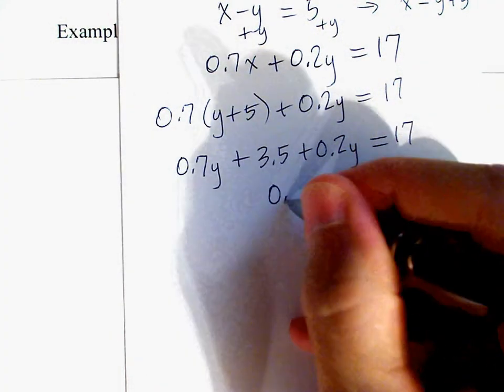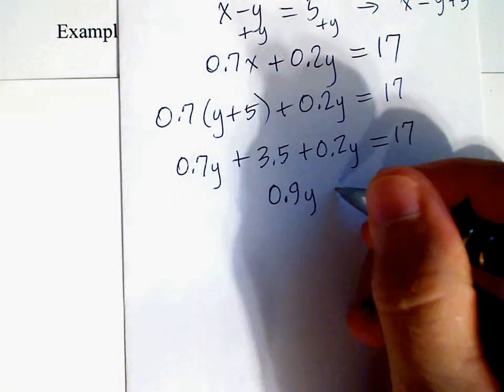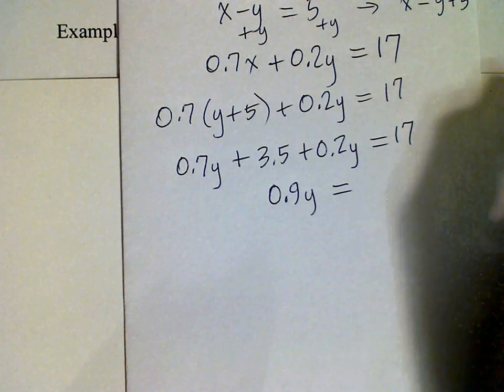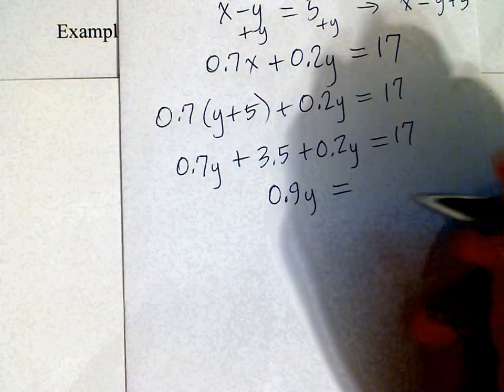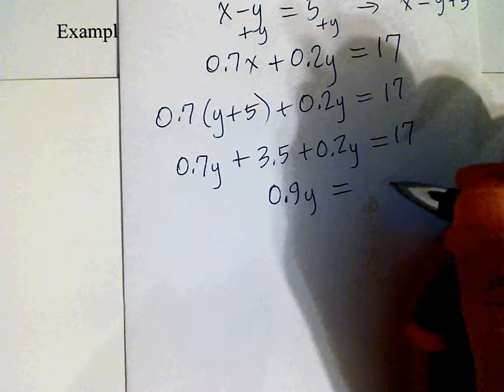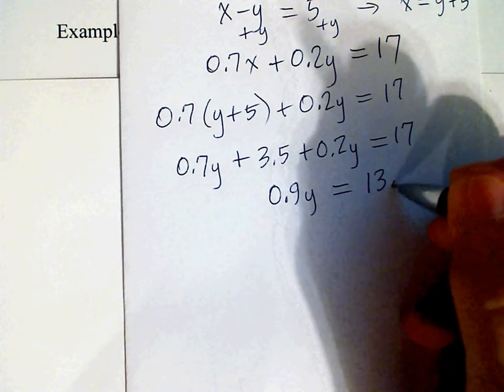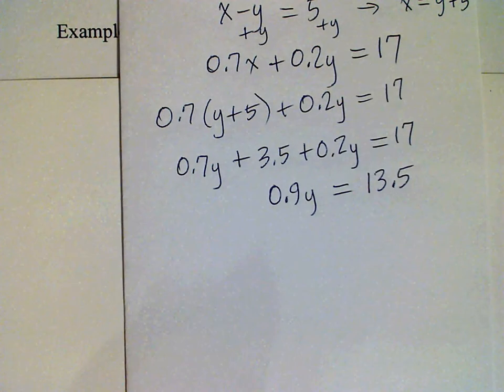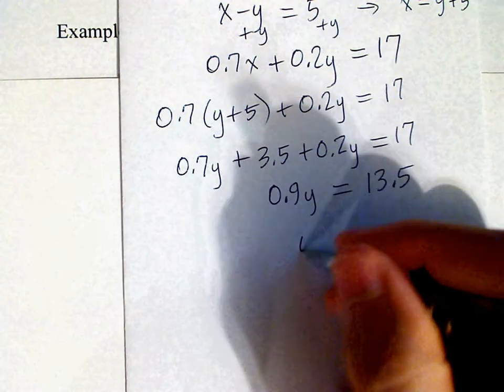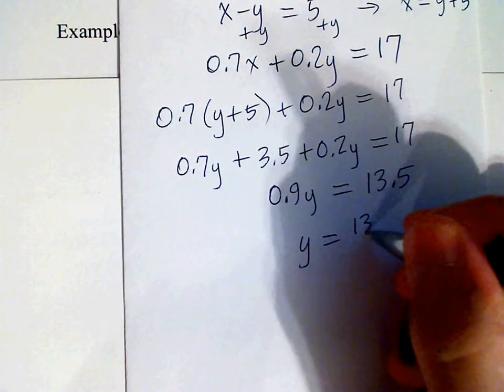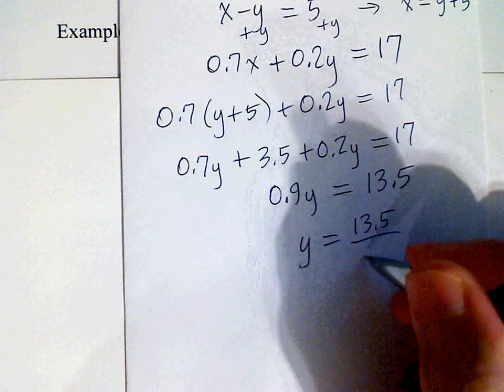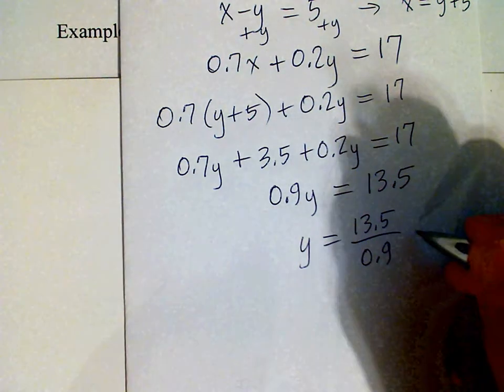Subtract 3.5 and combine like terms gives us 0.9y is equal to what, 14.5? No, 13.5. Okay, and then finally y is equal to 13.5 divided by 0.9.